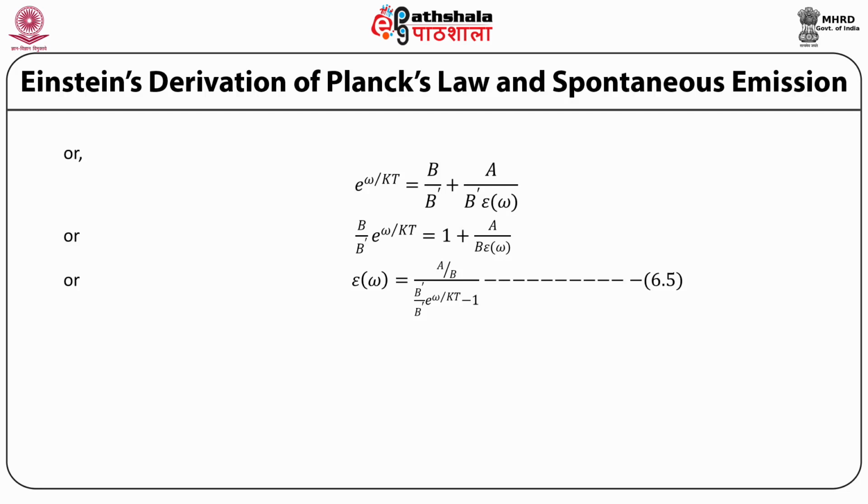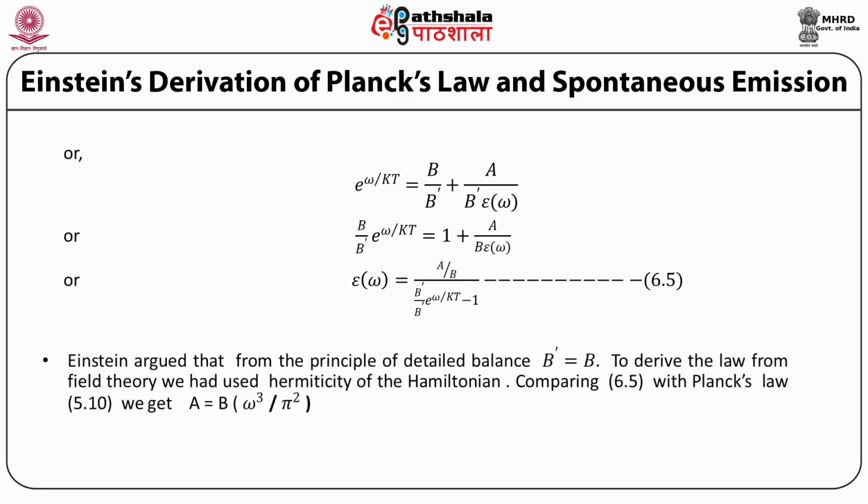Or epsilon of omega is equal to A by B divided by B prime by B into exponential omega by kT minus 1. Einstein argued that from the principle of detailed balance, B prime is equal to B. To derive the law from field theory, we had used hermiticity of the Hamiltonian.